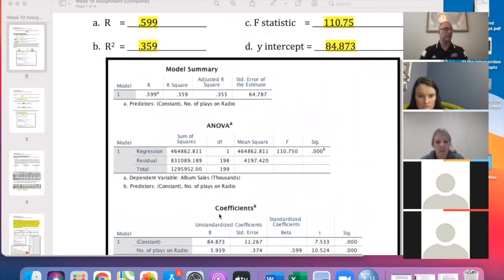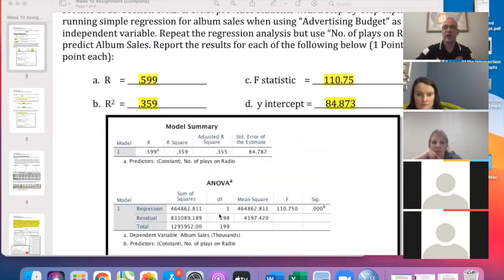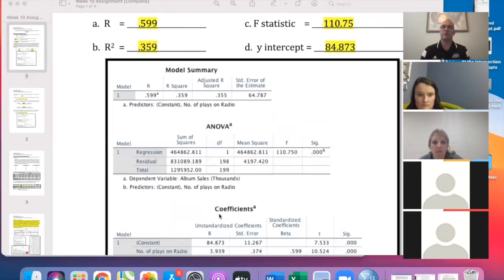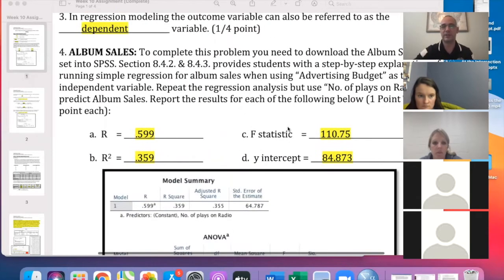And then when we're interpreting our analysis of variance, okay, if you recall in weeks past when we were talking about the chi-squared statistic and t statistics, what we're trying to figure out is, is there statistical significance in this case? So we have a regression model, and what we're trying to say is, does this model predict, in this case, album sales, based on some independent variables?